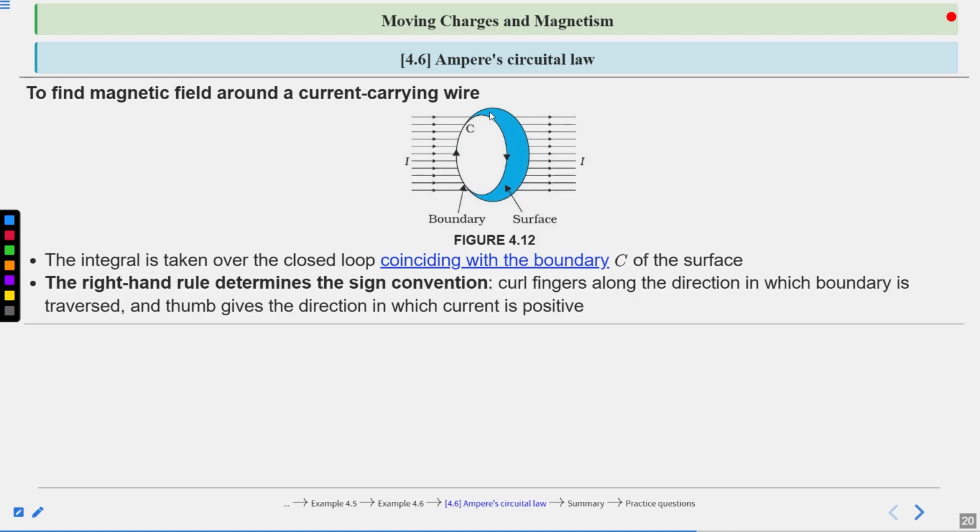We are traveling along this boundary C in the clockwise direction, so curl your fingers in the clockwise direction. Then your thumb is pointing in the direction of current. So your thumb gives the direction in which current is positive.